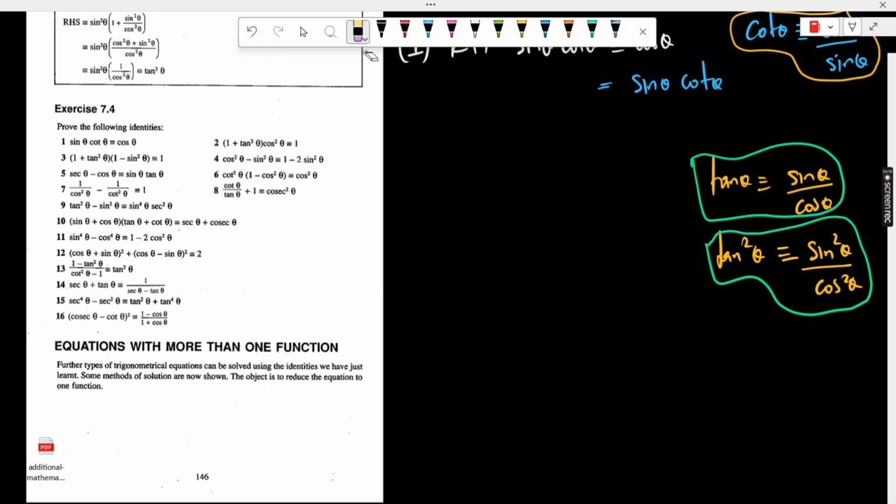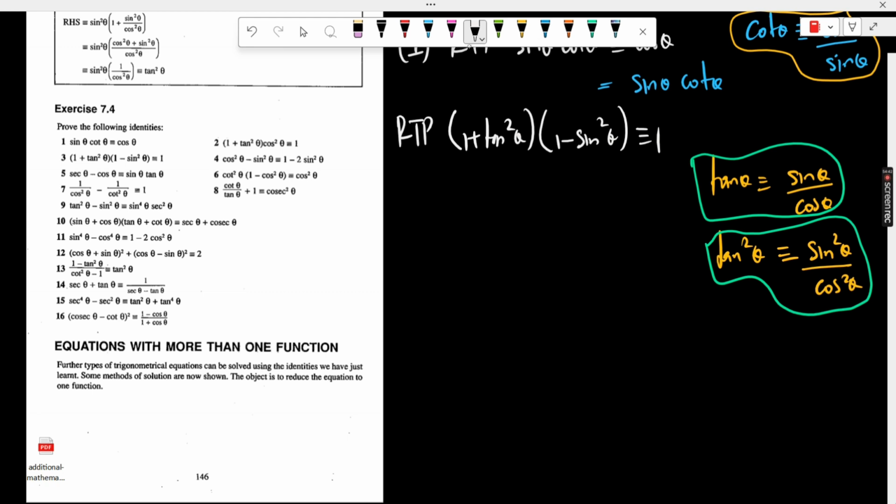So let's look at number 3. Number 3 says we're required to prove, RTP, that bracket 1 plus tan squared theta times 1 minus sine squared theta is also equivalent to 1. Right?